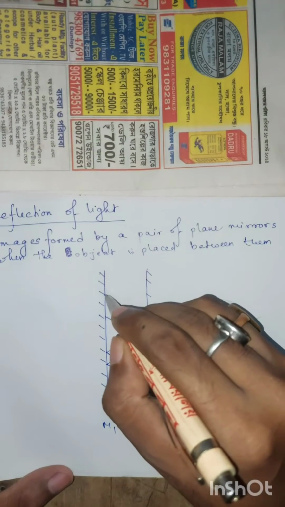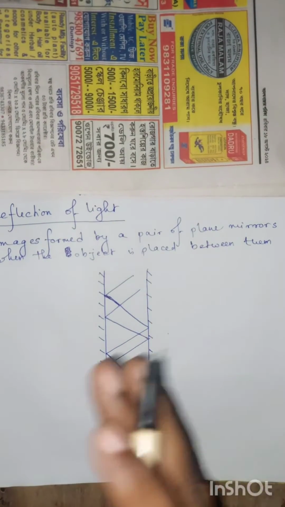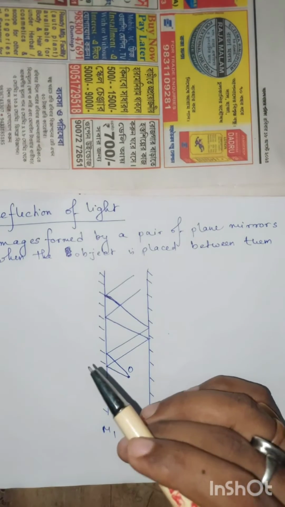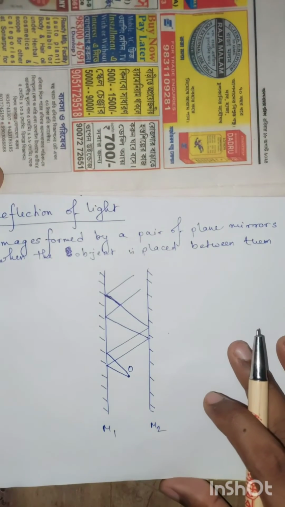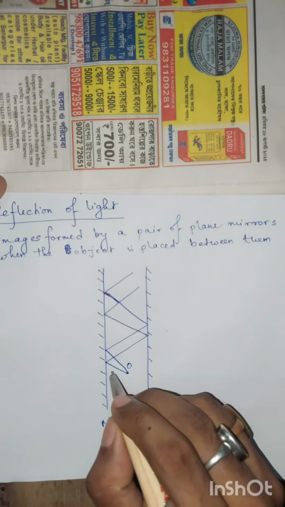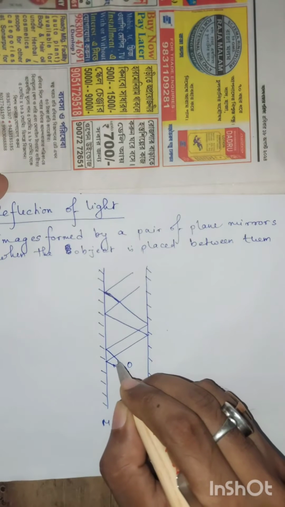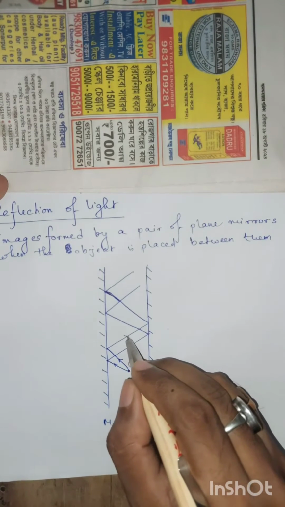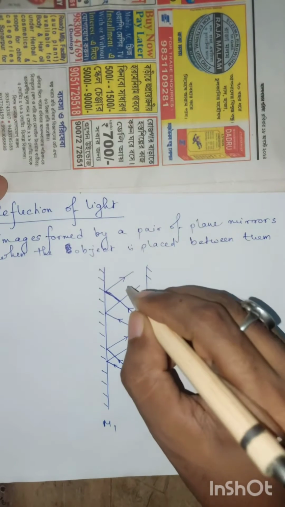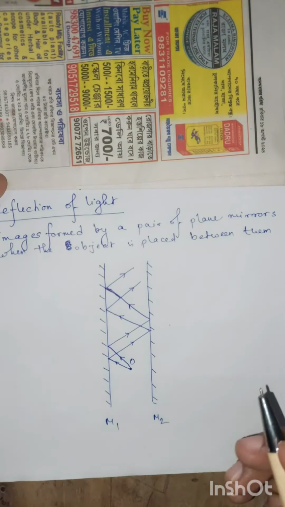Okay, and again it can get reflected. So the process continues. It can get reflected infinite number of times. So let me show the direction of the light ray. So this is how light rays are getting reflected.